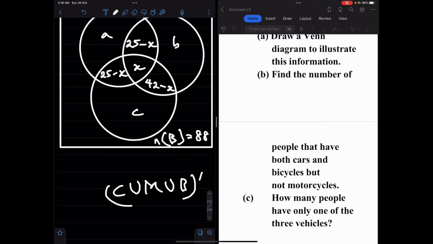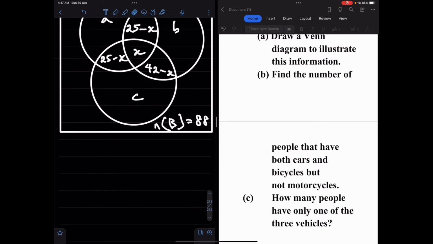It represents the number of people who don't have any one of the vehicles, but they said there was nobody who didn't have at least one of the vehicles. So that means that set is empty. Now we go straight to the next.